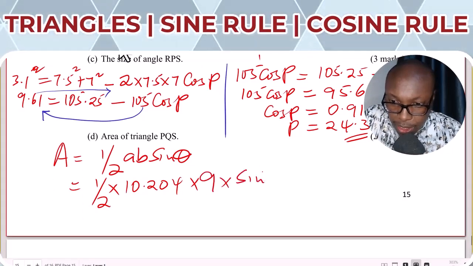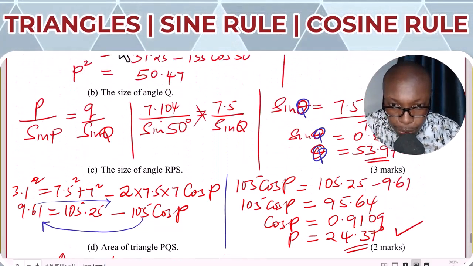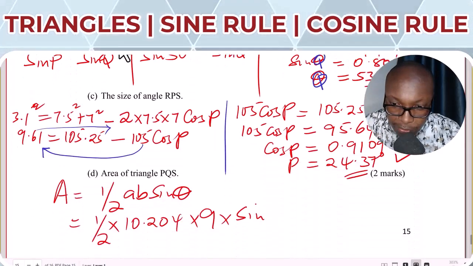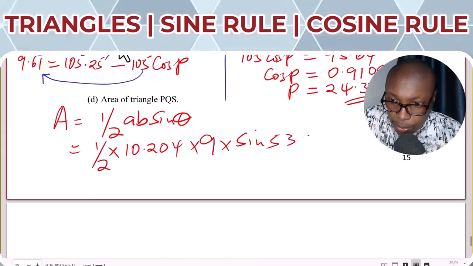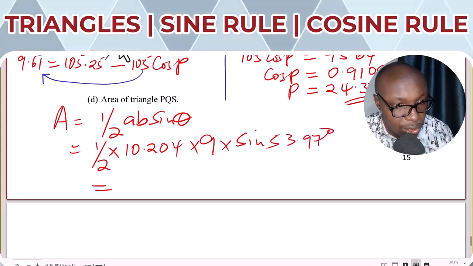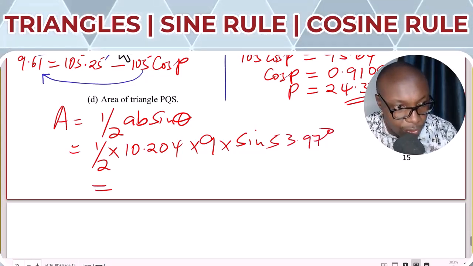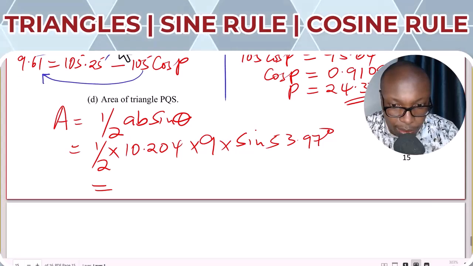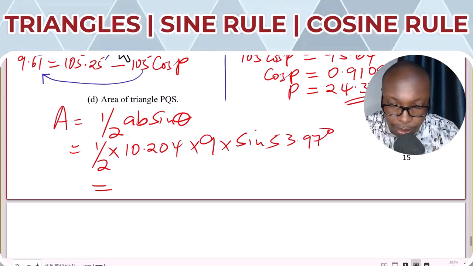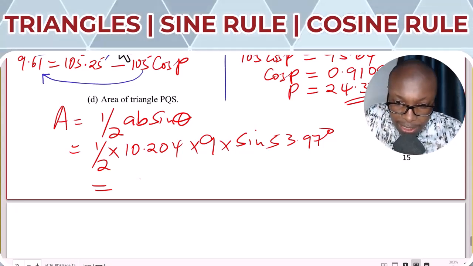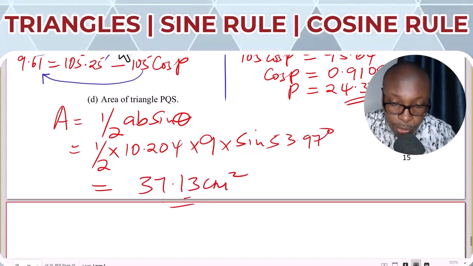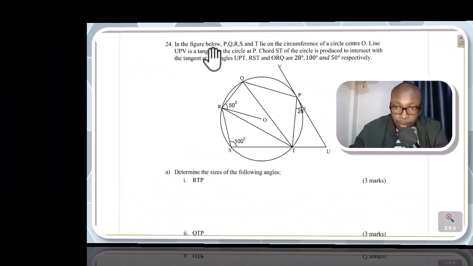Then times the sine of the angle between those two given sides, which is angle Q. We got that to be 53.97 degrees. For this one, you simply need to work it out using a calculator. So very fast, key in everything: half times 10.204 times 9 times sine of 53.97. This will give 37.13 centimeters squared, and that is how you're supposed to solve that question.